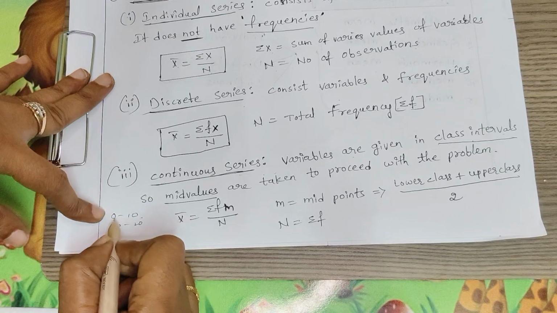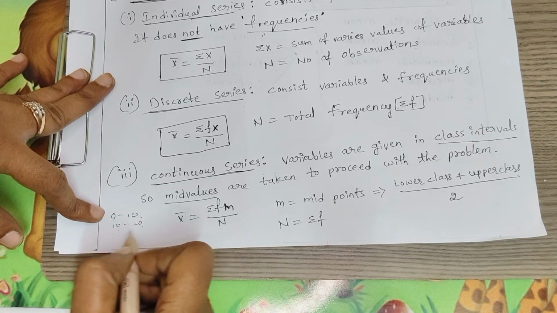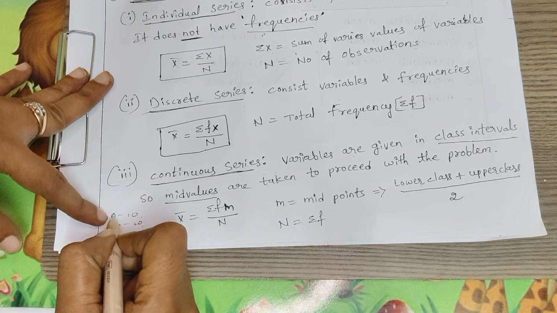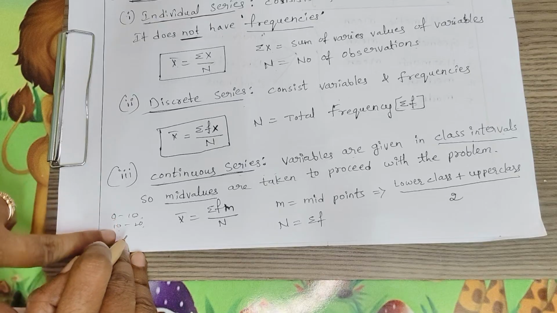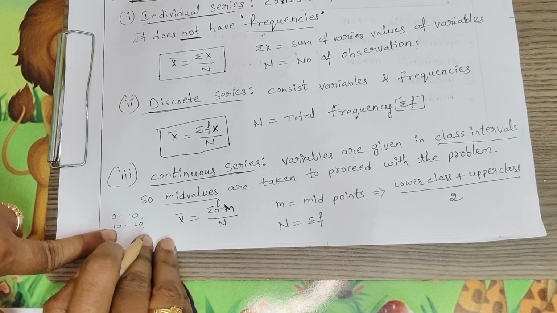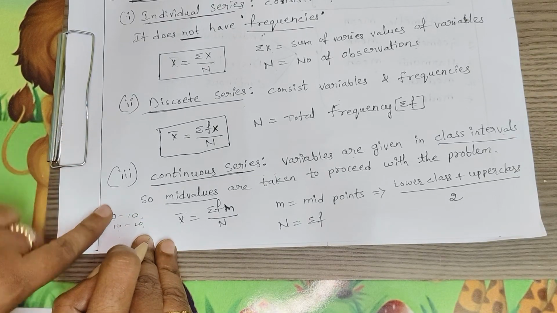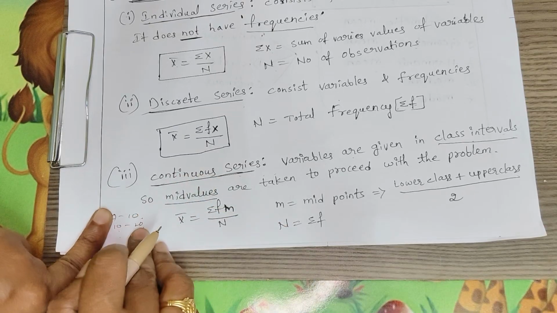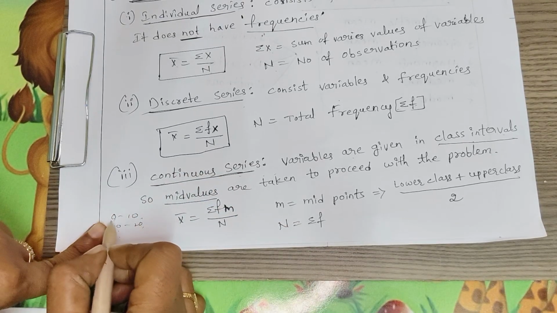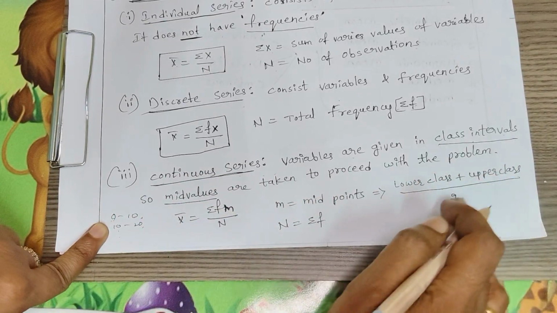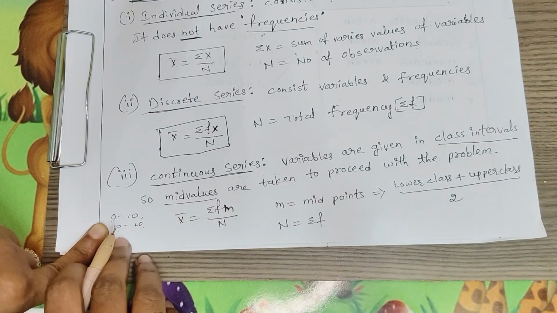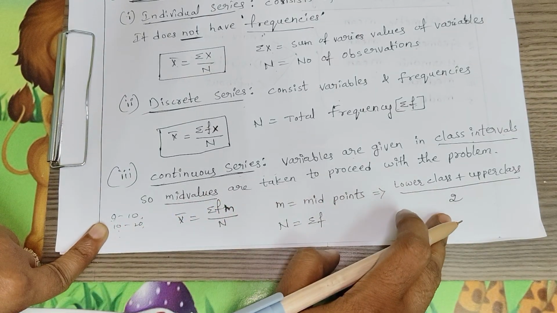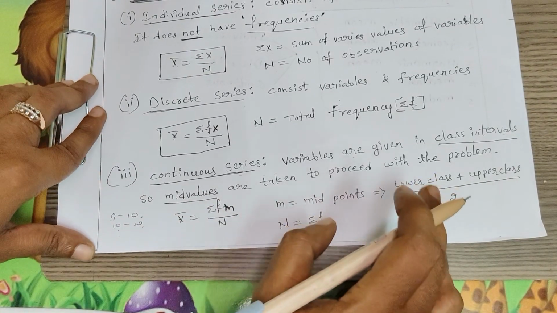This is the class interval: 0 to 10, 10 to 20, 20 to 30, 30 to 40. These are lower classes and these are upper classes. On the left hand side we have lower classes, on the right hand side we have upper classes. So take 0 plus 10 divided by 2, take the average. 10 plus 20 divided by 2. Likewise, you need to find out the mid values.